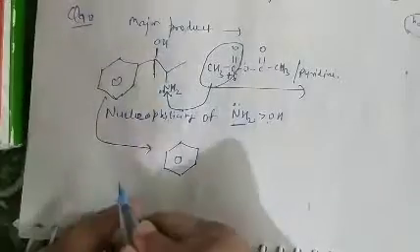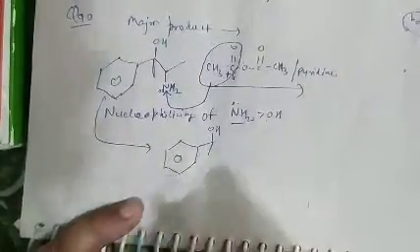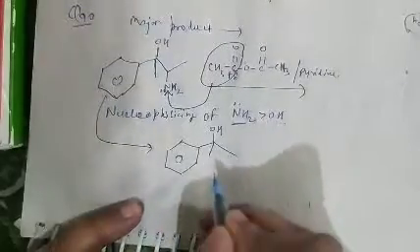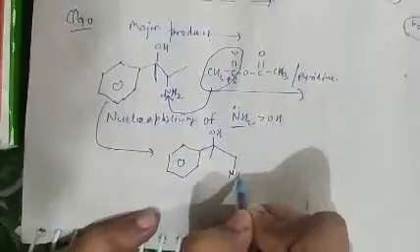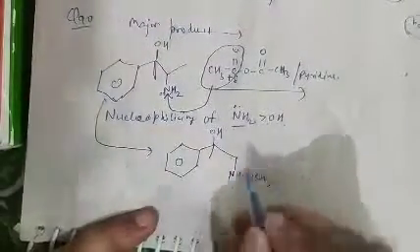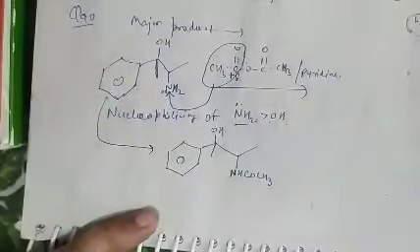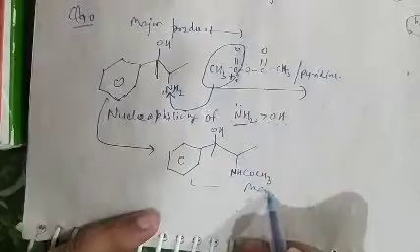This benzene ring remains as it is, and the OH group will remain as it is, and the methyl group will remain as it is, and on the nitrogen atom one hydrogen is removed, but this group is attached, that is COCH3. So for question number 90, this is the major product formed.